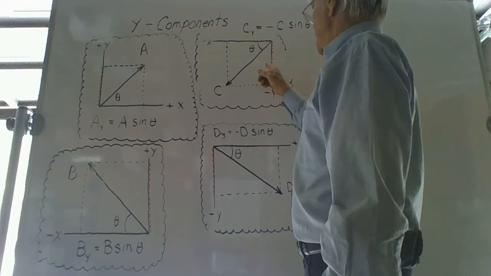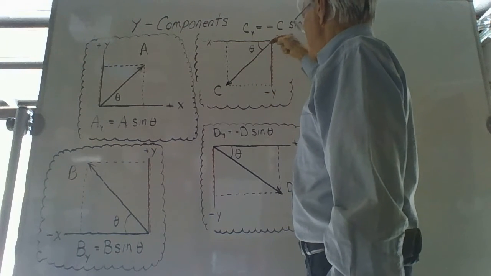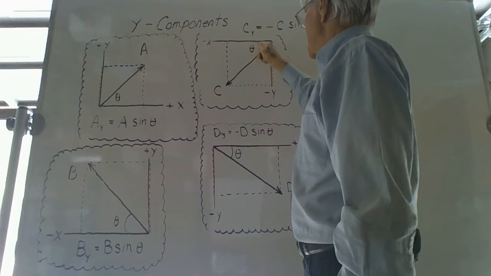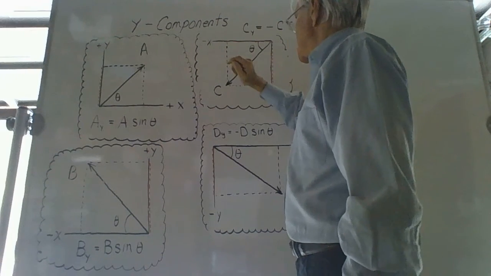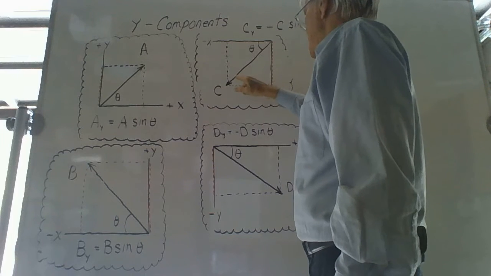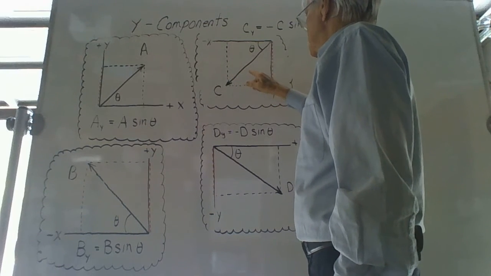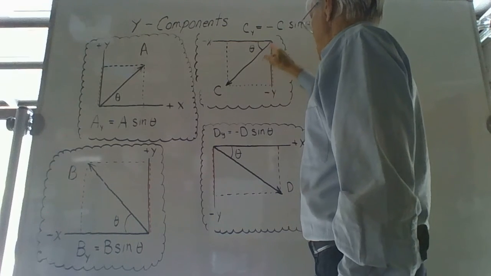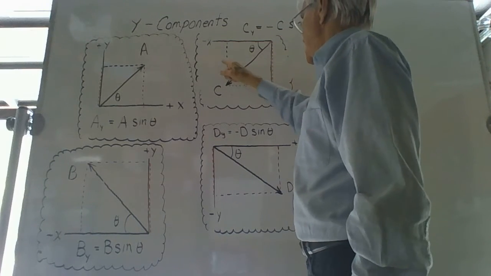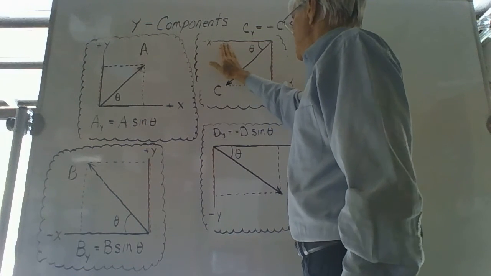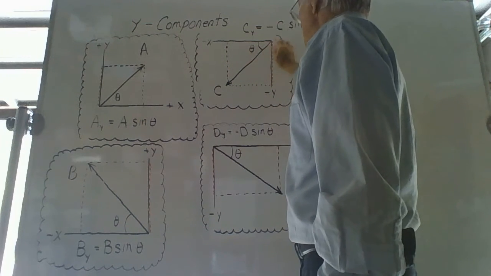Third quadrant. A vector pointing into the third quadrant makes an angle theta with respect to the negative y-axis. The y component of this vector can be imagined to be the shadow, plus or minus, the length of the shadow cast by a light source placed here, directing its beam this way.